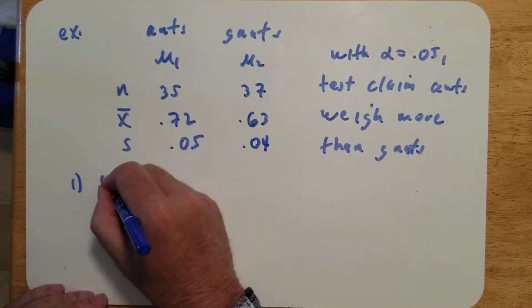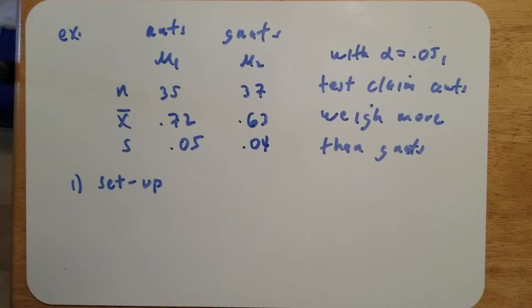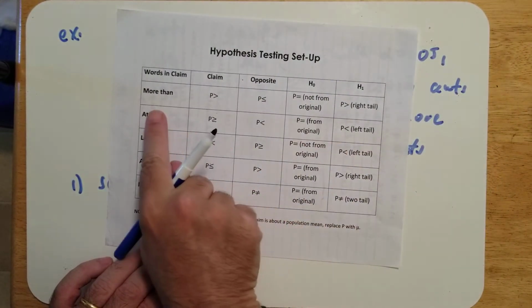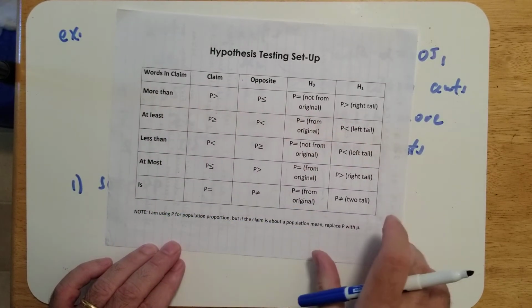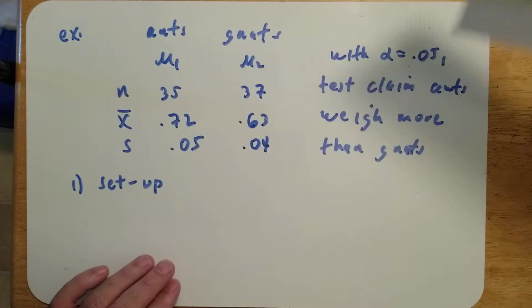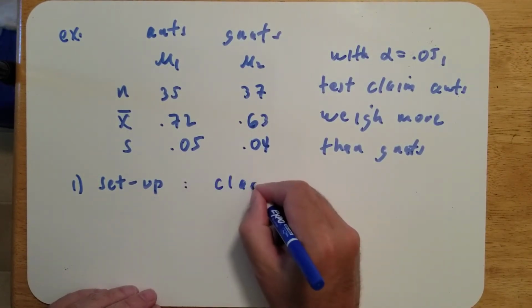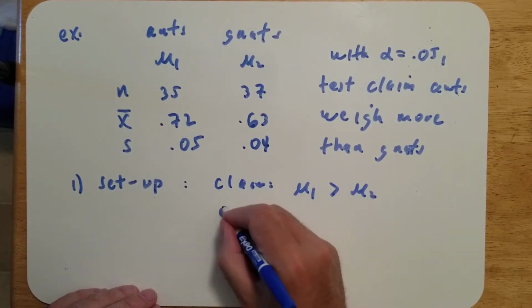So for the setup, since the claim says ants weigh more than, I'm going to look at the more than row in the setup, which is the first row here. And when I do that, the claim is that mu1 is more than mu2.